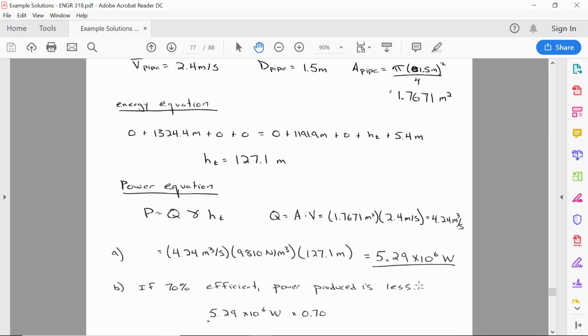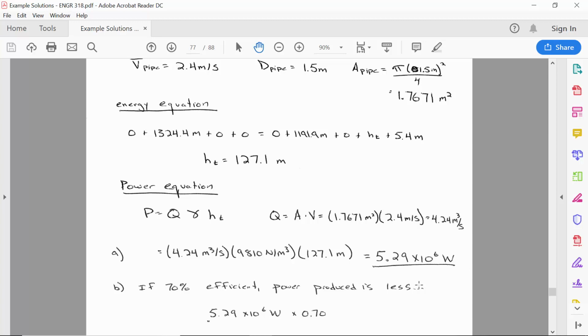It's going to be lower. You're going to have less electricity going out over the power lines if it's not fully efficient. So should we multiply or divide by 0.7? We multiply, right. So the power at 70% efficiency is going to be 0.7 times 5.29 times 10 to the 6th watts.